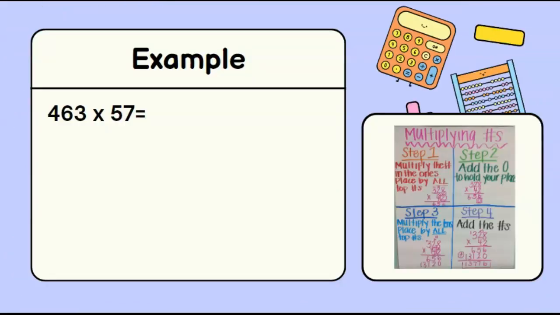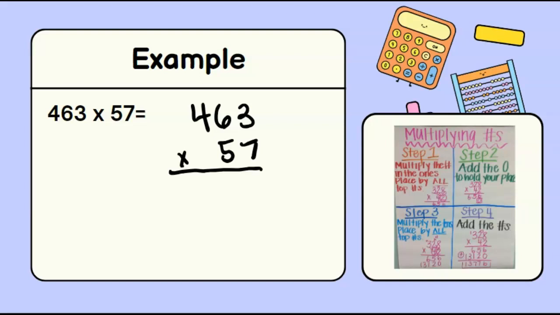When I multiply multi-digit numbers, the first thing I will want to do is stack the bigger number on top of the smaller number. So for example, I have 463 times 57. I'm going to stack those numbers by putting the 3-digit number on top of the 2-digit number.